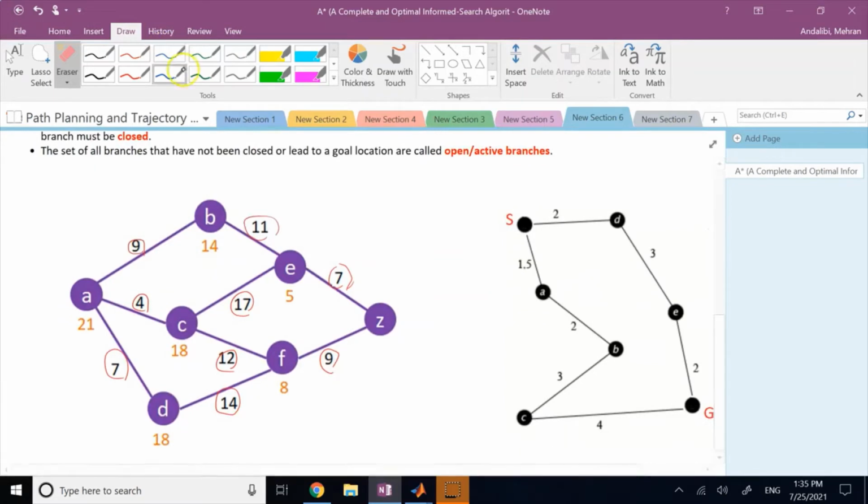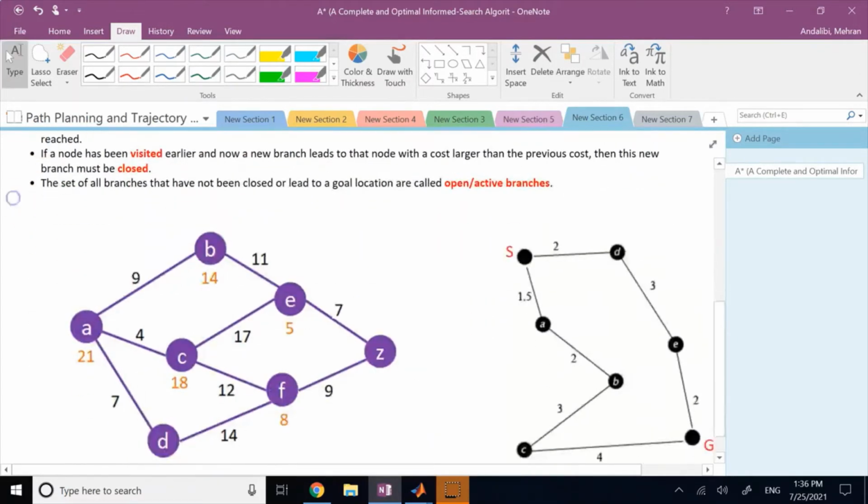So what do I mean by that? Well, if you look into this graph, as I said, these numbers in black on top of each edge are those dxy. And below each node there is an h value, the value of the heuristic function. So the red ones are heuristic.